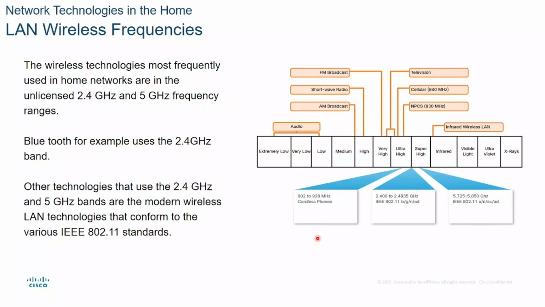Other technologies that use the 2.4 GHz and 5 GHz bands are the modern wireless LAN technologies that conform to the IEEE 802.11 standard. You can see in this diagram the IEEE standard for the 2.4 to 2.4835 gigahertz.